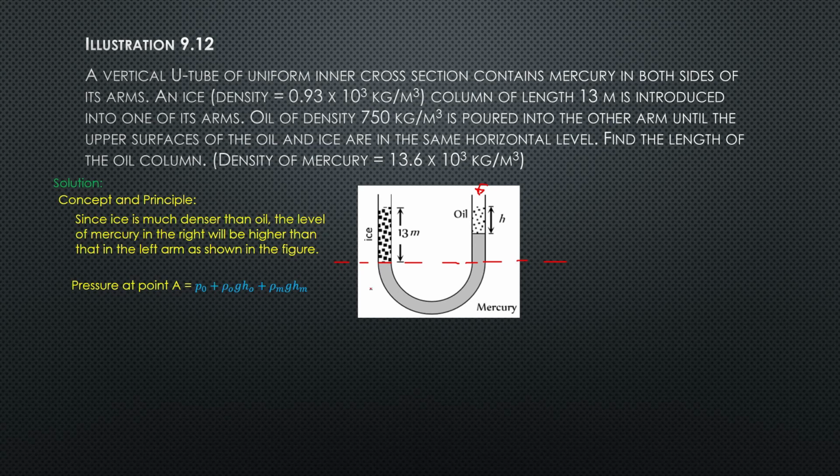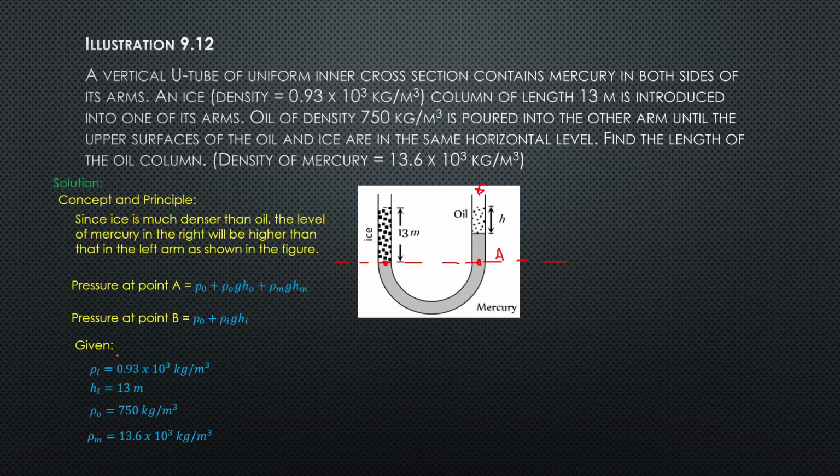So the pressure at point A, when they reach the same level, is the atmospheric pressure plus the gauge pressure of the oil plus the gauge pressure of the mercury. The pressure at point B is the atmospheric pressure plus the gauge pressure of the ice.